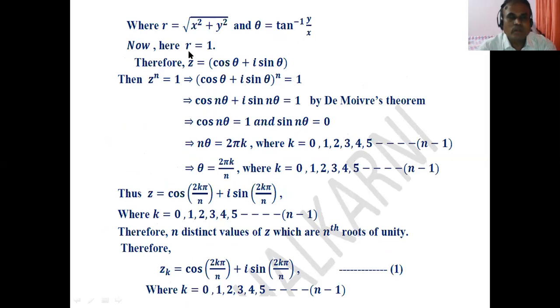Now here the given equation is the nth roots of unity, that is, 1 raised to 1 by n equal to z. So n is any integer, and therefore 1 raised to 1 by n, for any integer, its value is 1, and therefore z equal to 1, where z is a complex number.